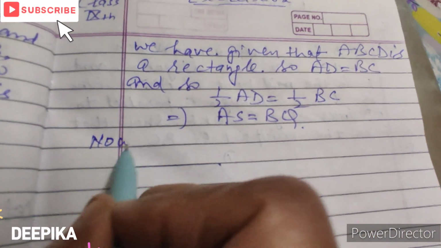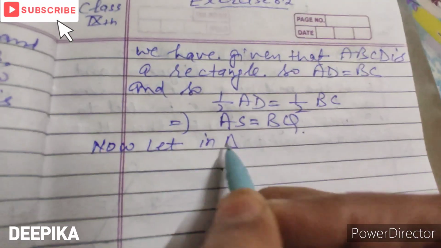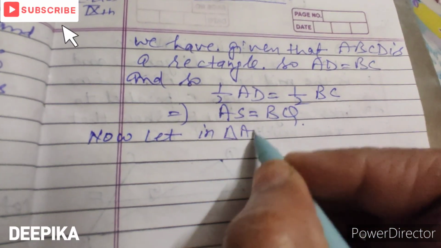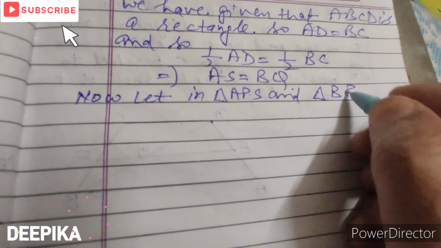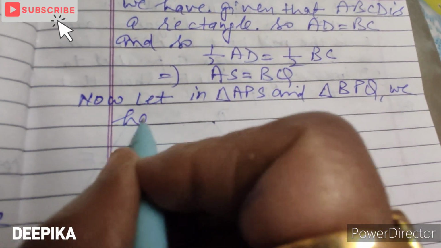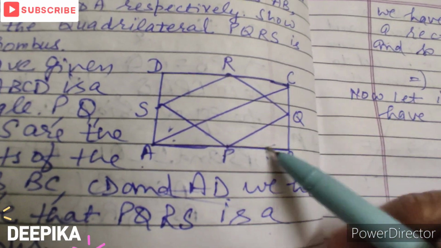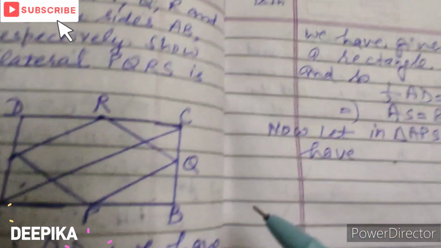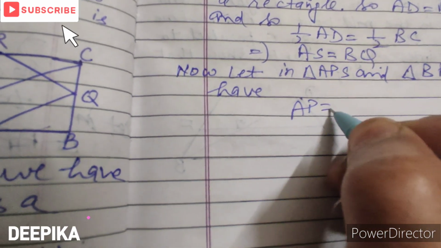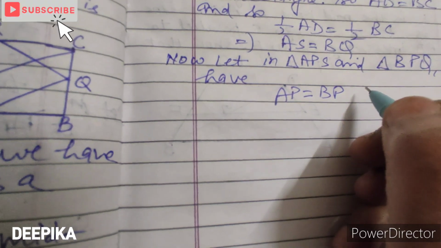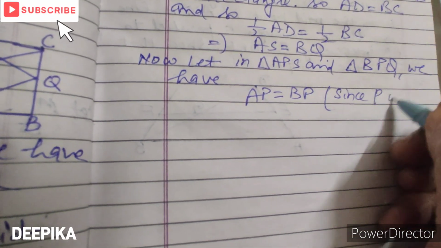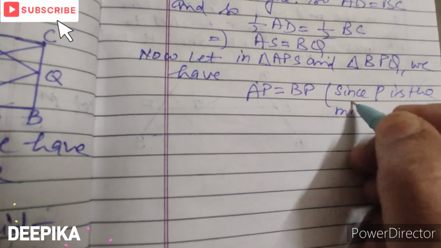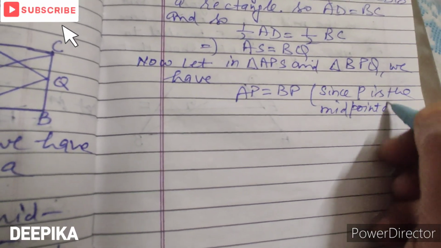Now let in triangle APS and triangle BPQ, अब इसमें हमारे पास क्या क्या इक्वल है, AP is equal to BP, since P is the midpoint of AB.